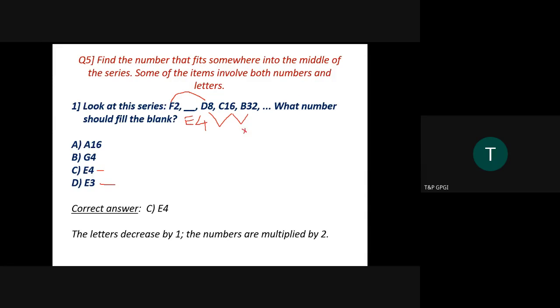So multiply by 2, multiply by 2. Here also you have multiplied by 2. Okay, the alphabet is decreasing by 1, but the numbers are multiplied by 2 further. Okay, so write down this.